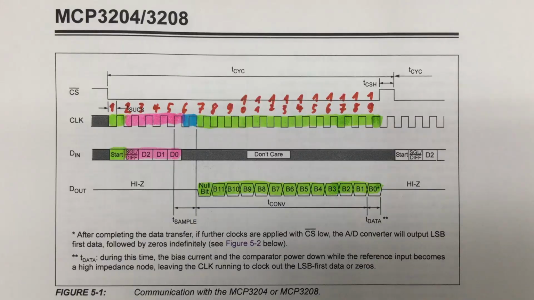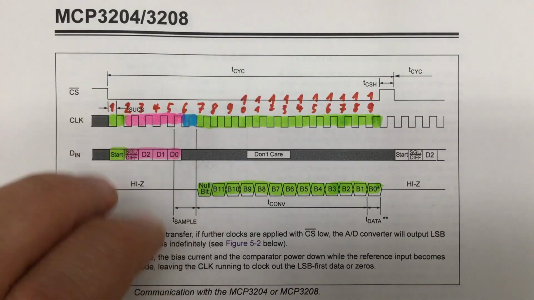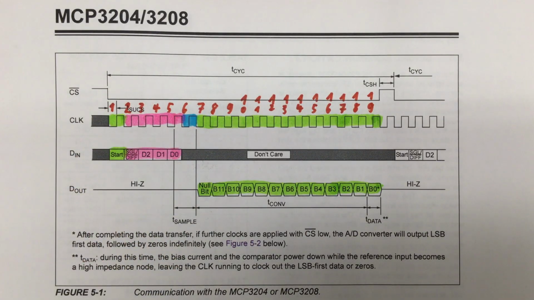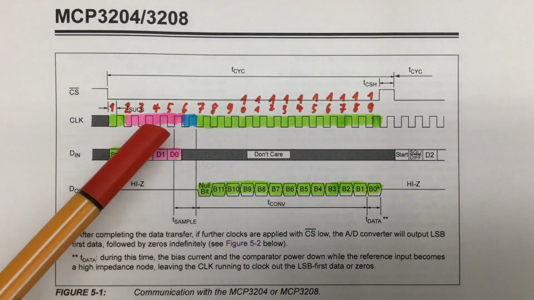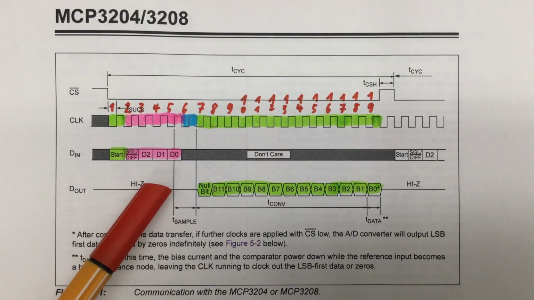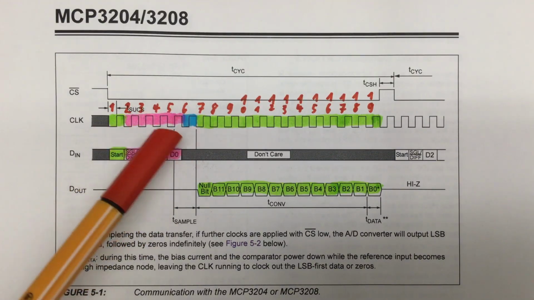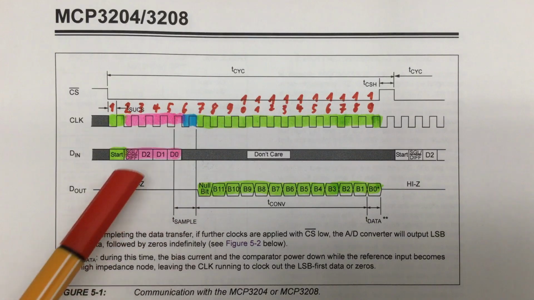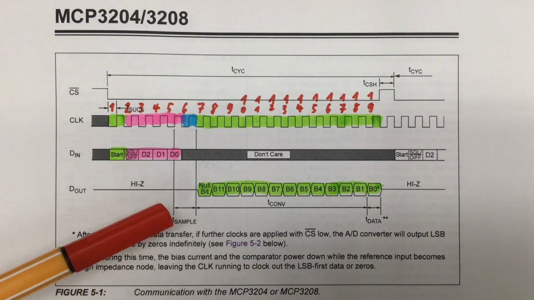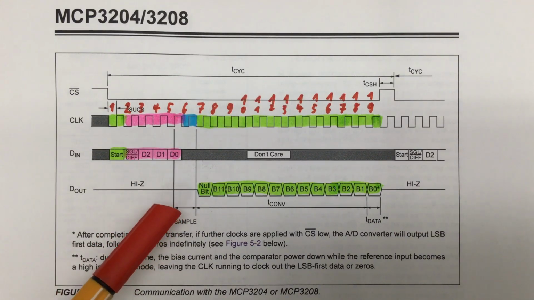Perfect. And now I will give you my crazy theory how that pseudo differential stuff is working. We know that after the last configuration bit is received, we have here an additional clock cycle for the sample and hold, which is using a capacitor.